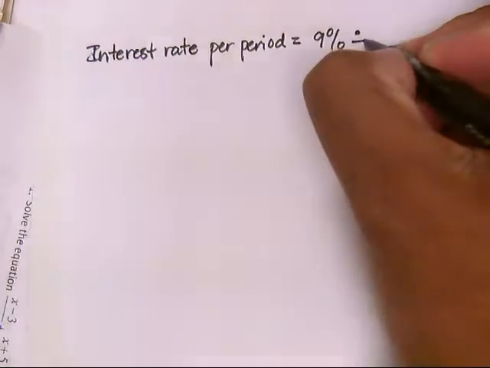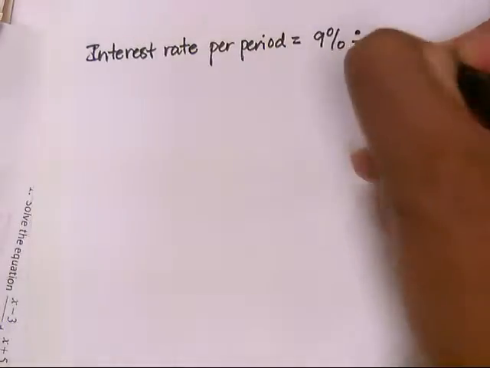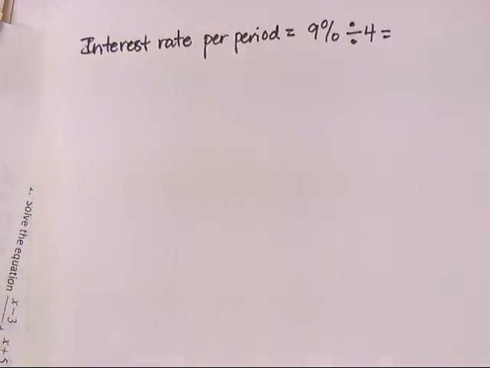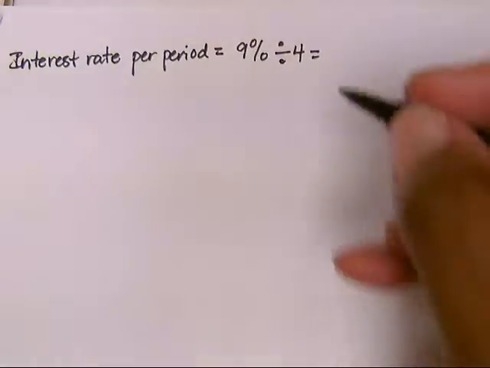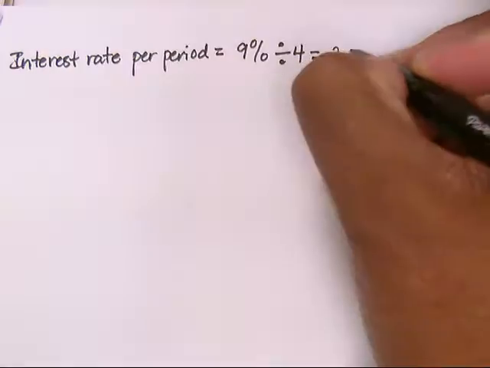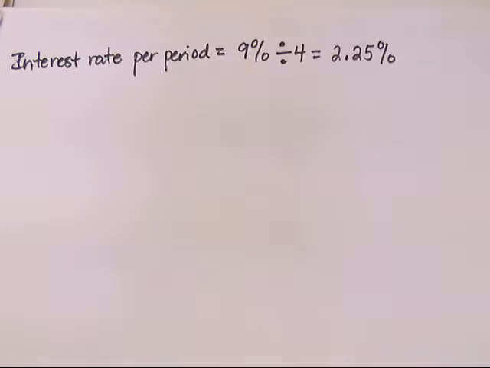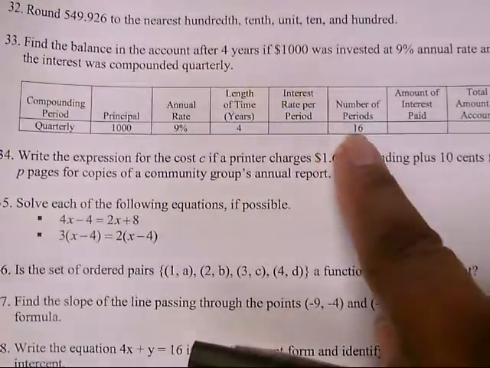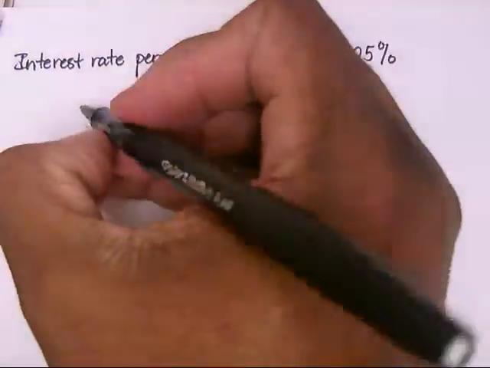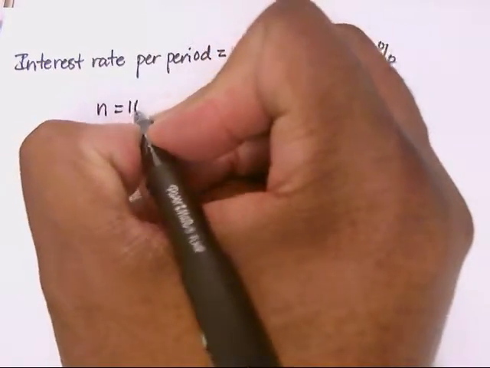So that means we need to take 9% and divide that by 4. So 9% divided by 4 is going to be 2.25% per period. Now we're already given the number of periods, which is 16. So we know n is going to be 16.